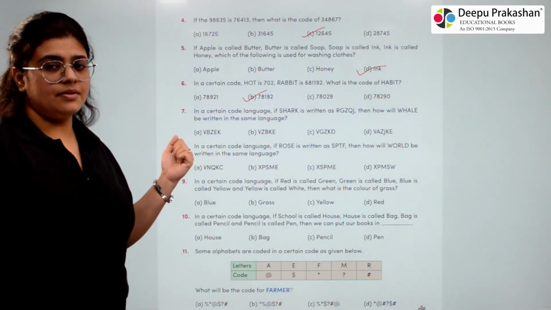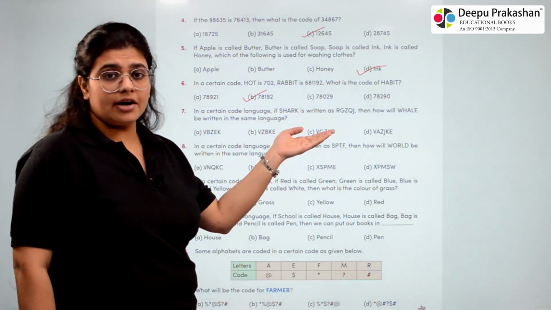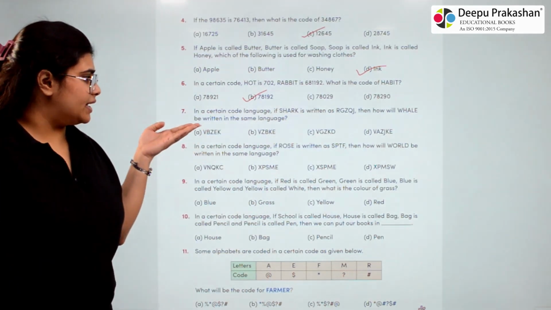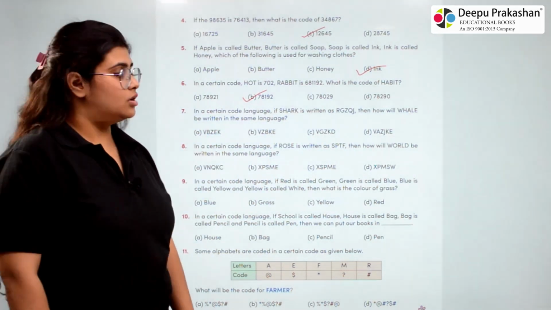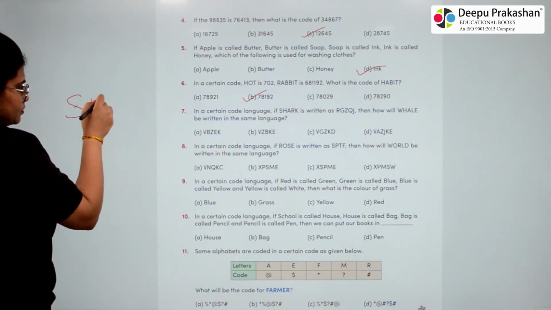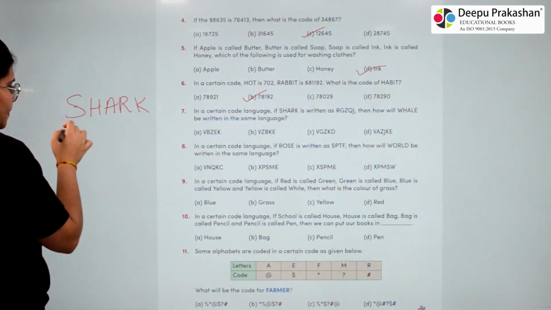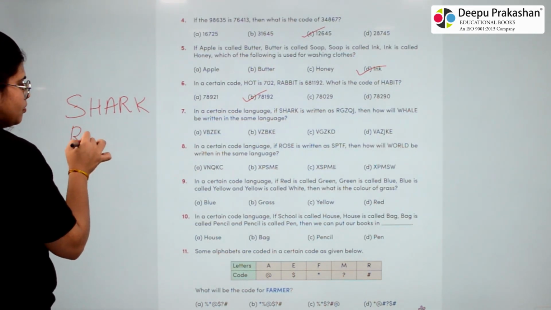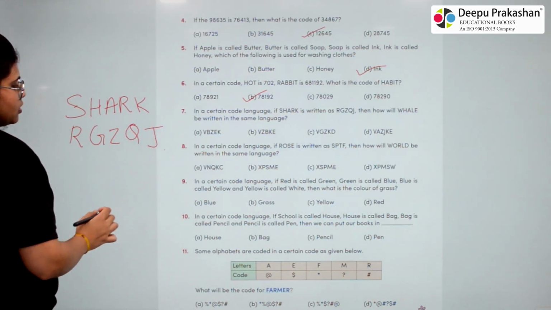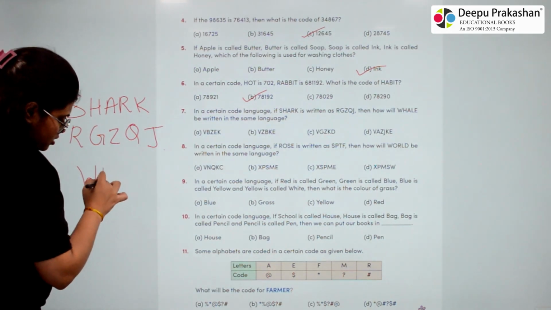7. In a certain code language, if shark is written as RGZQJ, then how will whale be written in the same language? So here shark is written as RGZQJ, now we are asked for whale.